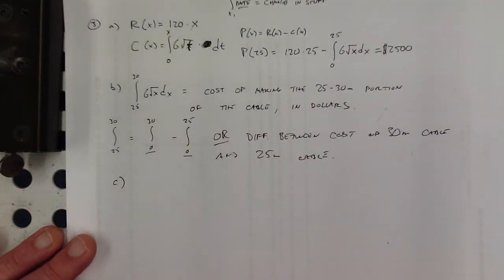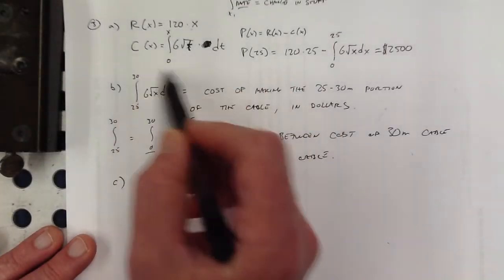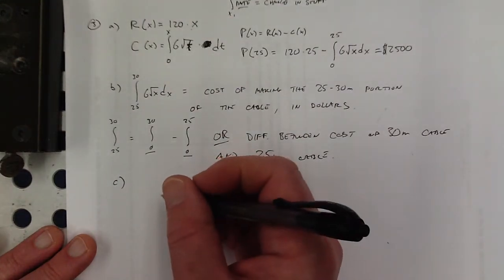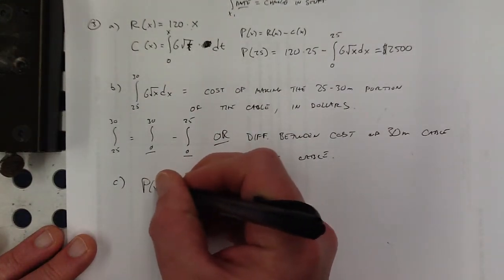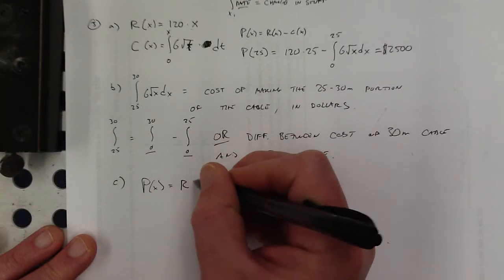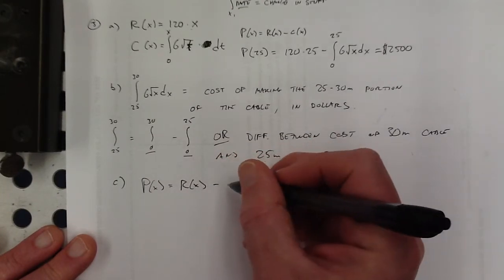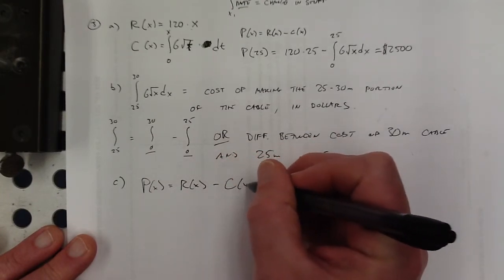All right. Part C, what do we want here? Write an expression involving an integral that represents Mighty's profit on the sale of a cable that is k meters long. Oh, I kind of have that all set up here. So the profit is revenue minus cost.